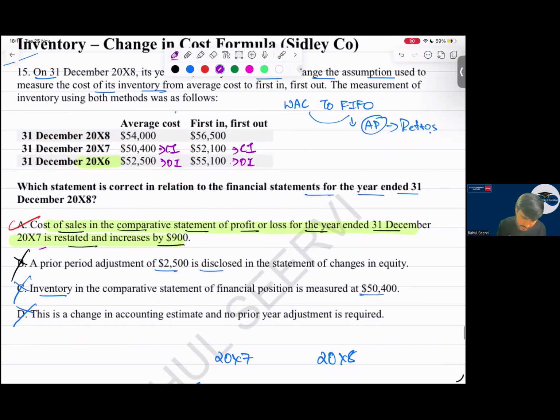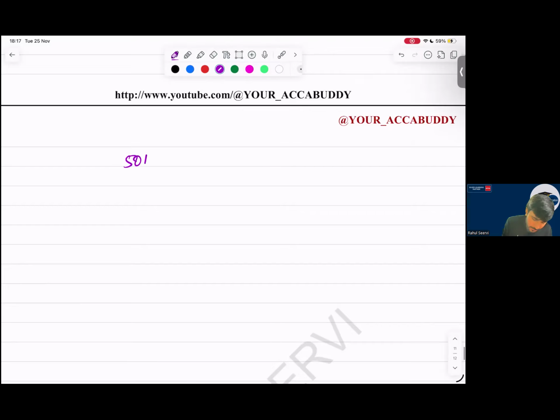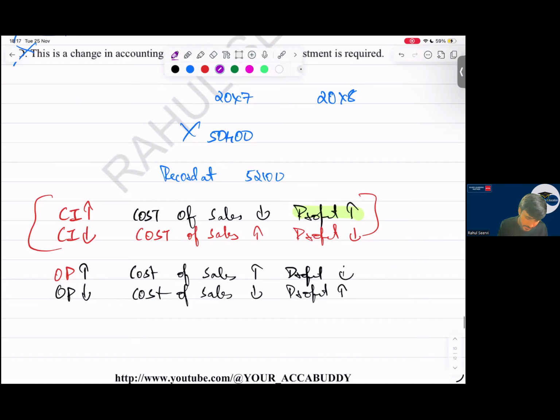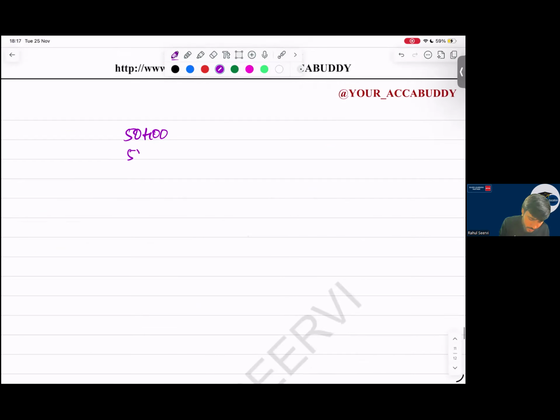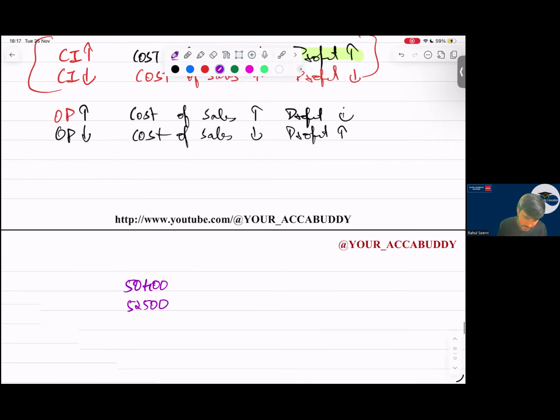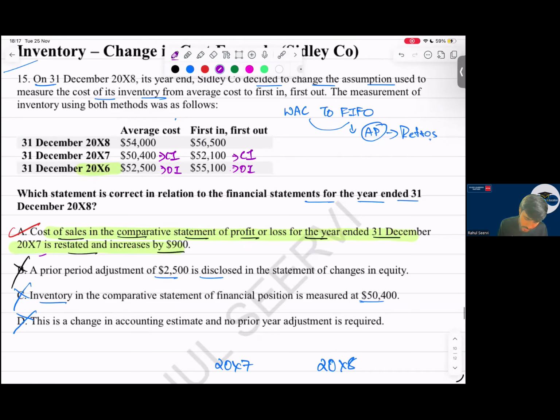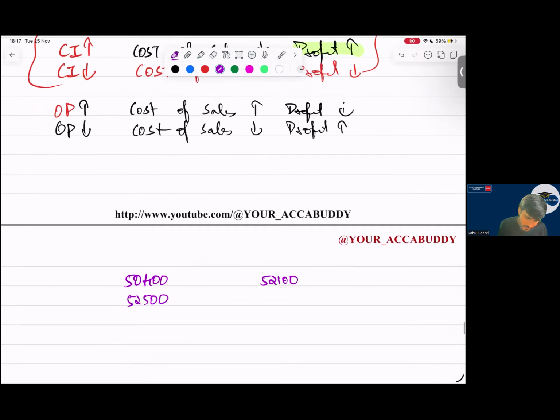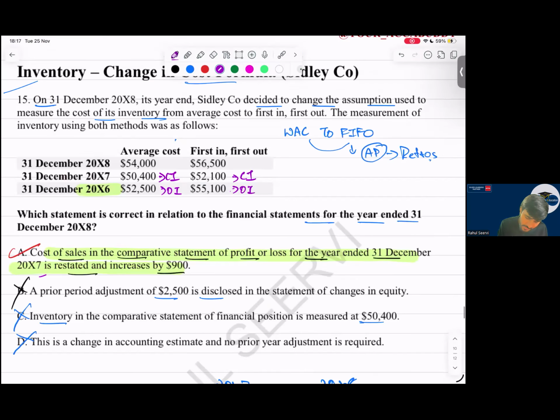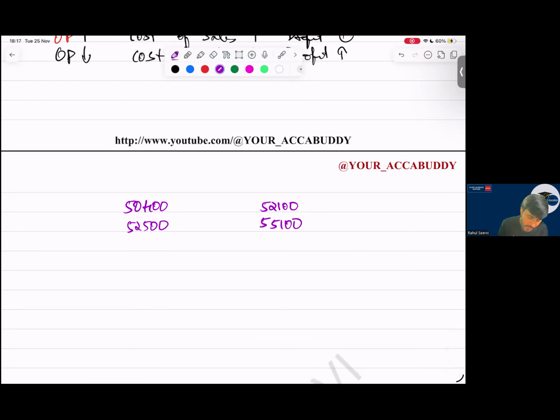So see here now: 50,400, 52,500, 52,100, and then we have 55,100. This is weighted average cost. This is FIFO, the new method. This is the old one. We are shifting from this to this.